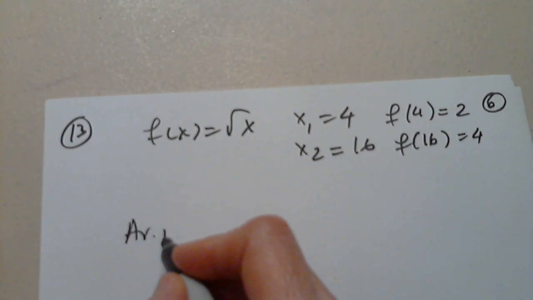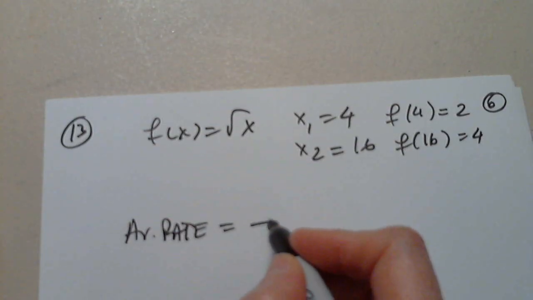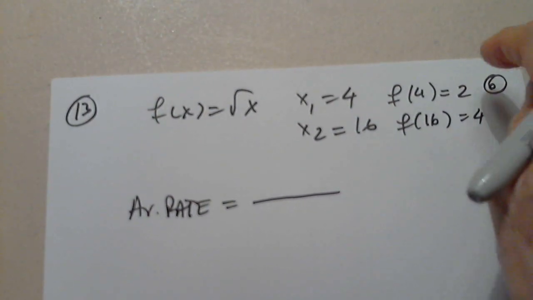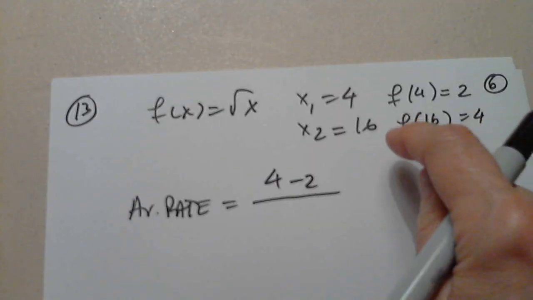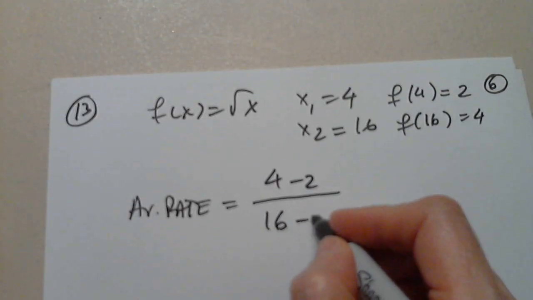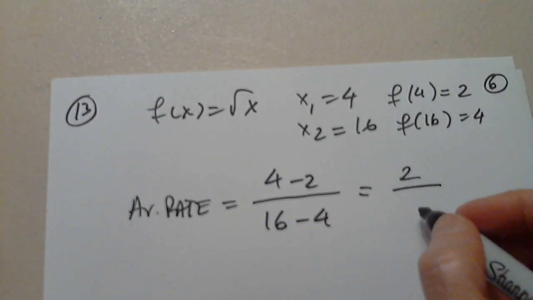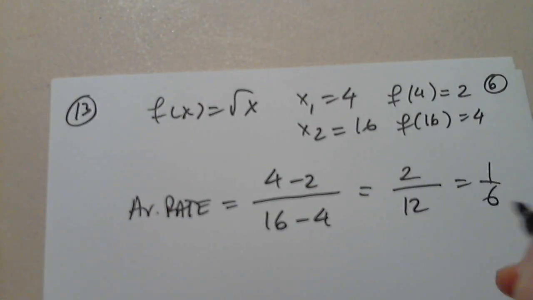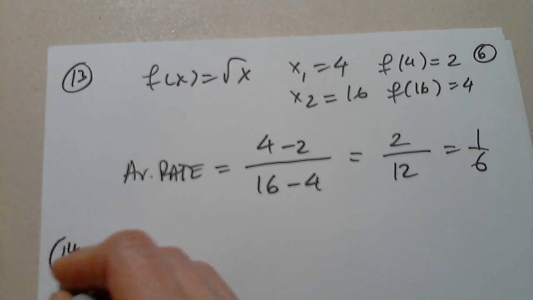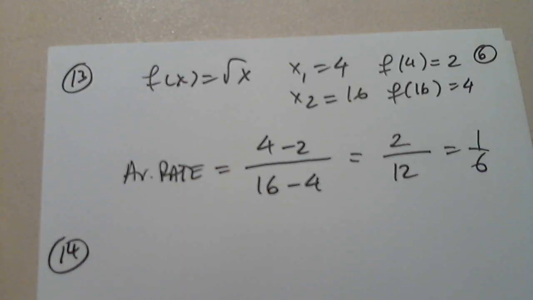So then the average rate, y2 minus y1 over x2 minus x1. So 2 divided by 12, which is 1 over 6. That's it. Same formula. Good.